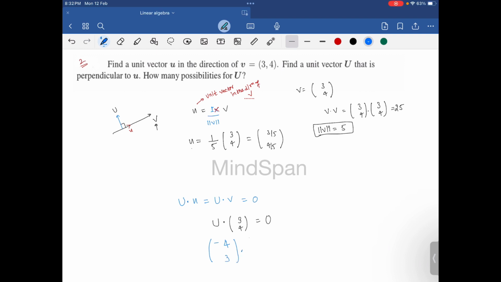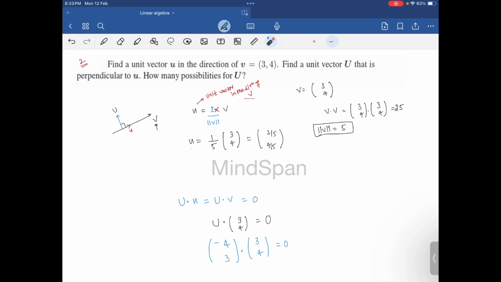And if you dot with this vector v, then you will get this 0. करके देखो आप, -4 टाइम्स 3 कितना होगा, -12, और 3 टाइम्स 4 कितना होगा, +12, राइट? And at the end you are going to add those, so ultimately if you take the dot product you will get 0.